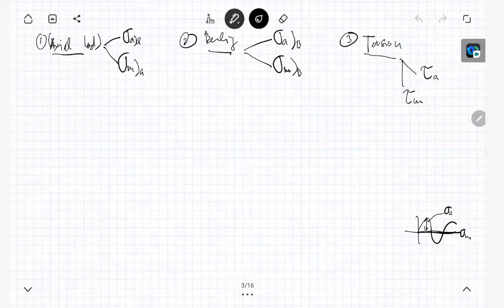So here there's no alternating stress. This is 0. Bending, yes, it has the alternating. For the torsion, it has no alternating, just mean.